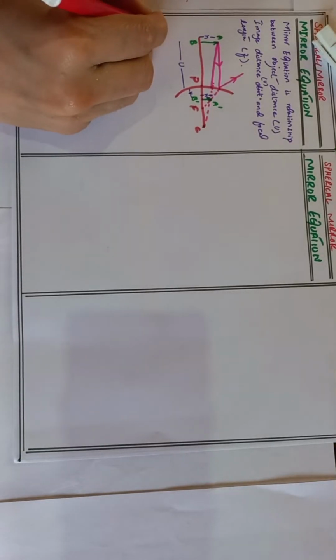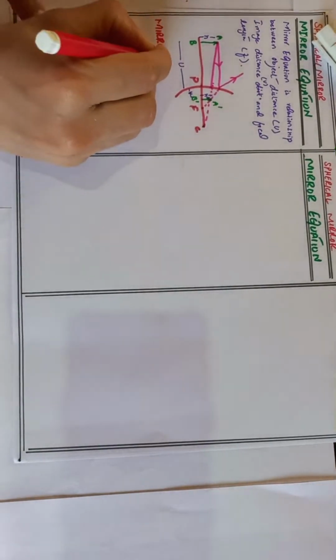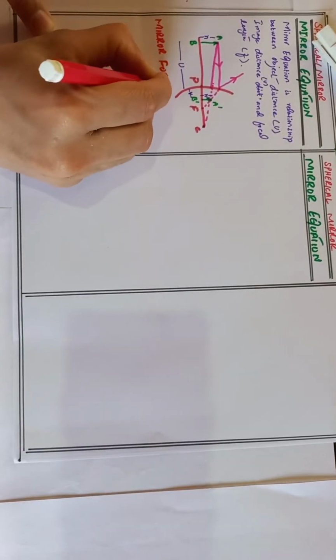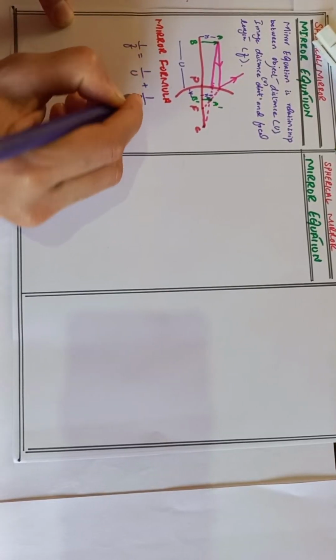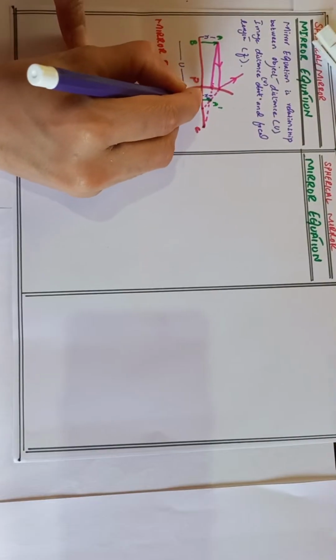So here we write the mirror formula: 1 over focal length is equal to 1 over object distance plus 1 over image distance. What is the focal length? That is the distance between the focus and the pole of the mirror. This is the focal length of the convex mirror.